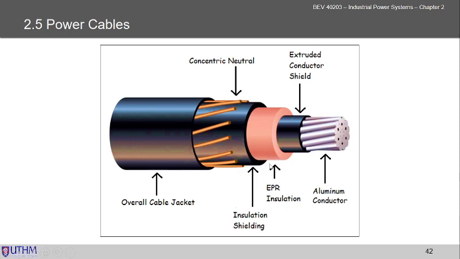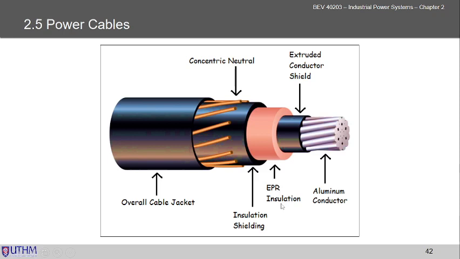This is the shield, for EMC purposes, because we don't want our cables, when they carry current, to disturb the rest of the equipment and devices in terms of EMI, electromagnetic interference, or EMC, electromagnetic compatibility. So that's why we need to use the shielding.